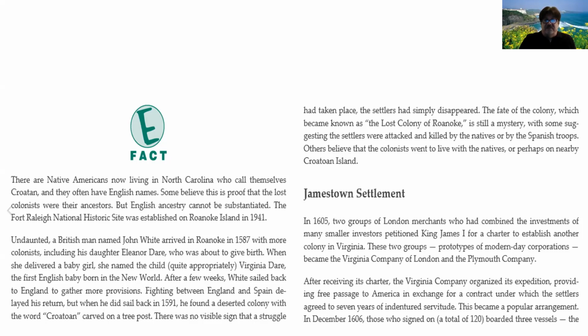So that's the payment, not the passage. And these 120 people went gladly. As it says, this became a popular arrangement. Okay, so I'm going to go to the next page.